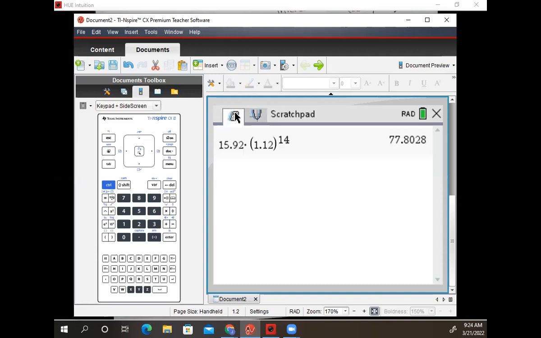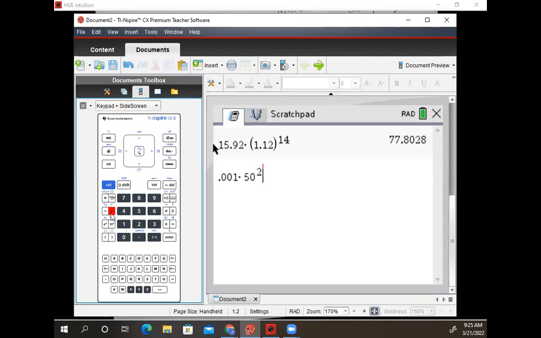So we've got 0.01 times 50 squared minus 0.25 times 50 plus 16.863. So I just plugged 50 in the X spot and we get 6.863.